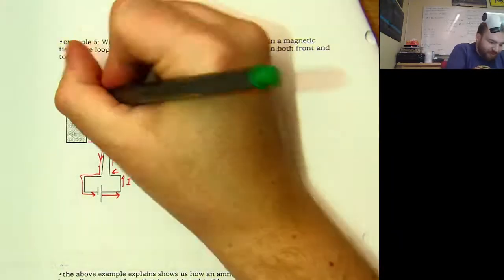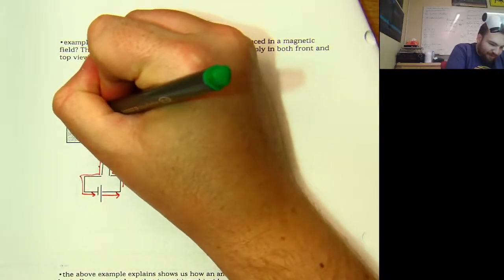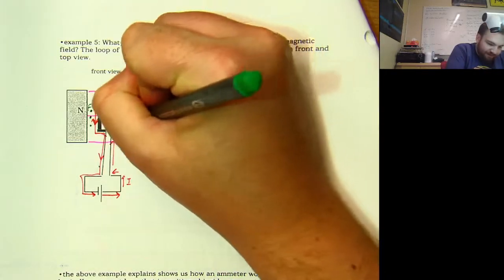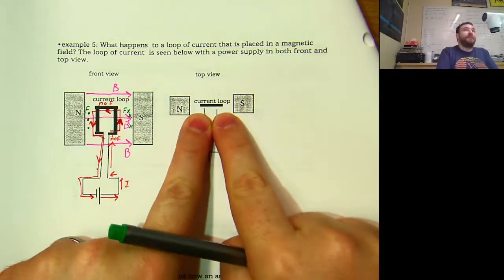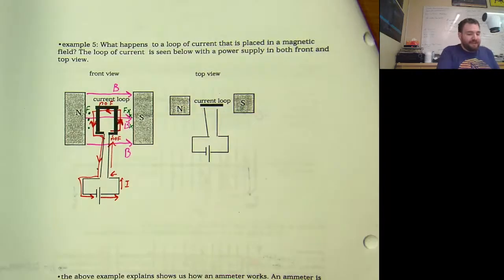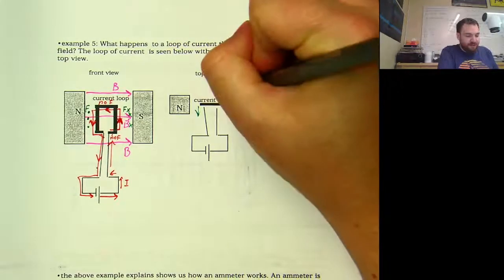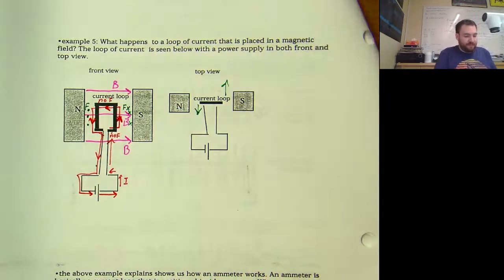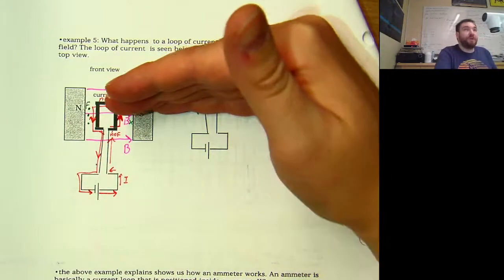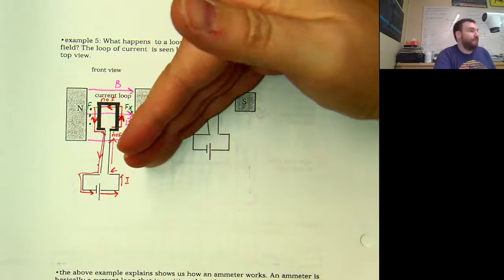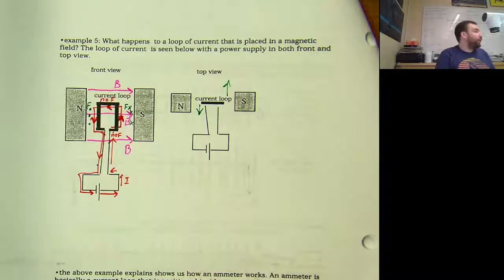So my force this way is up over here. It's down over there. If I look at it from the top view, this guy's going this way. This guy's going that way. So what that means is this current carrying loop is going to twist or torque.